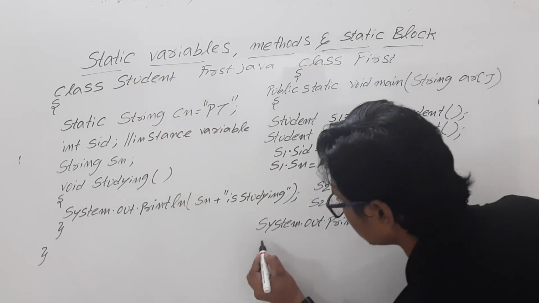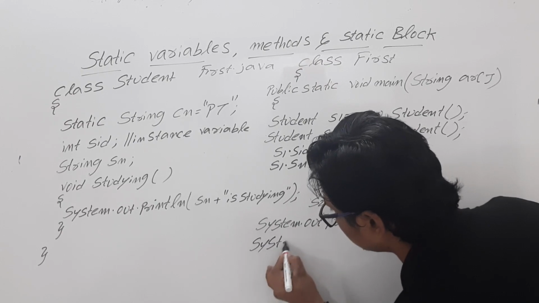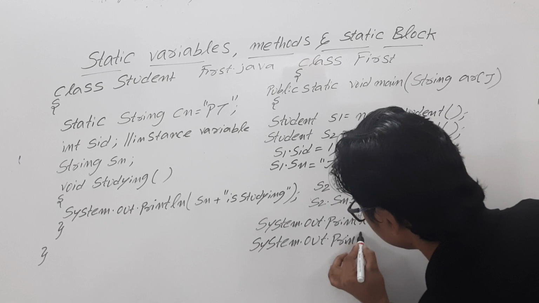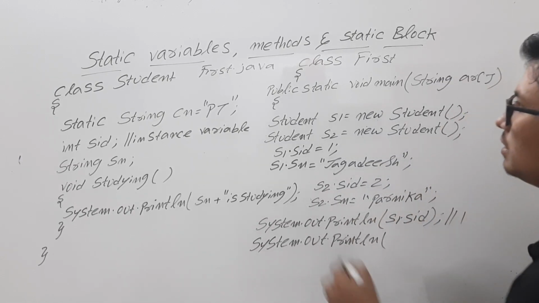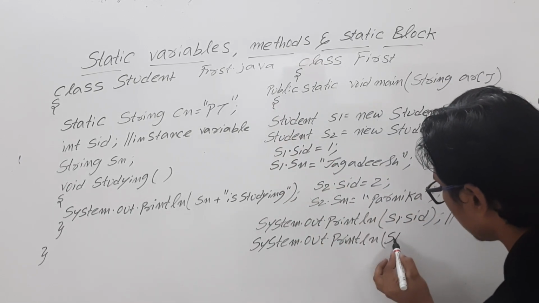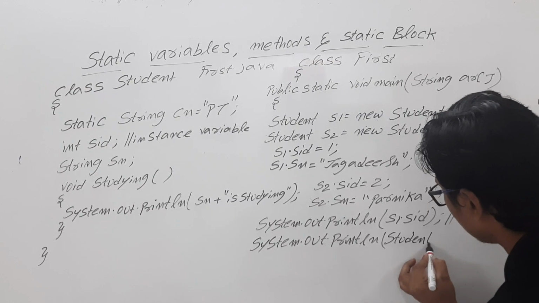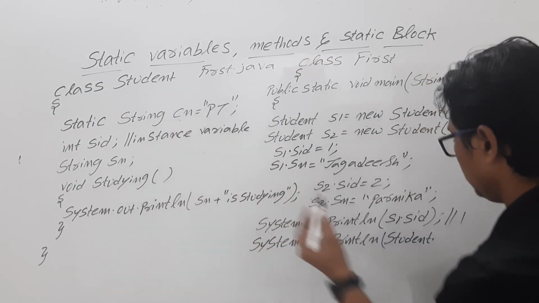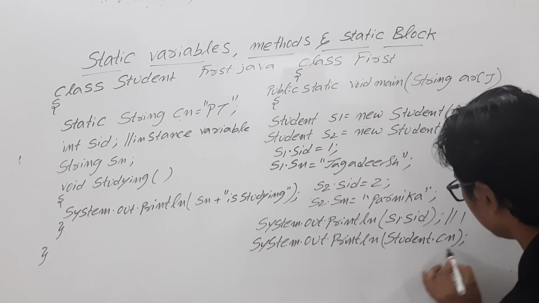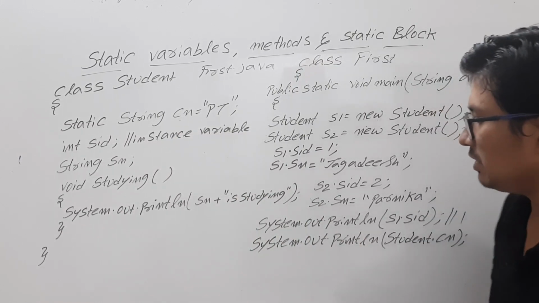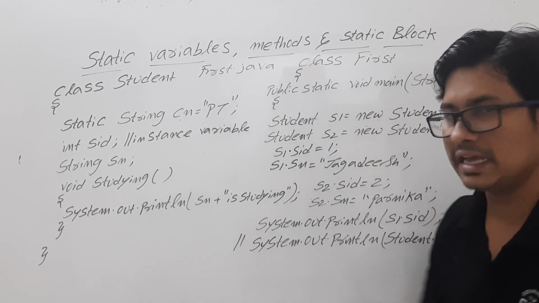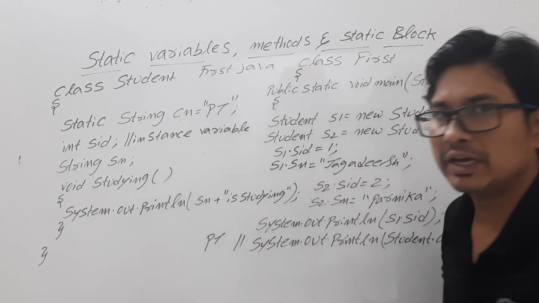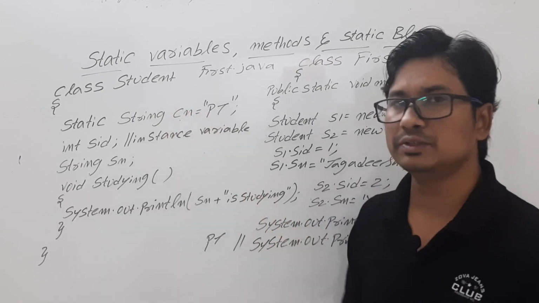How can you do it? System.out.println, you can simply access the static variable with the help of the class name, which is Student.static variable. So you can write Student.cn. Then it will display the output as pt, because the college name is pt for every student.